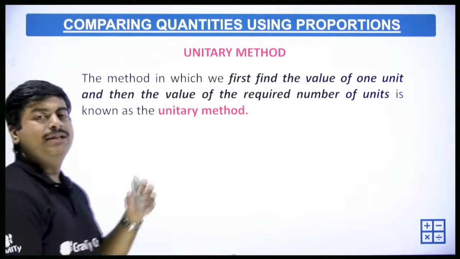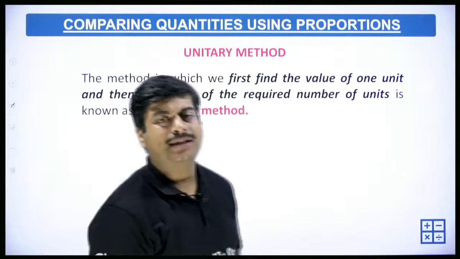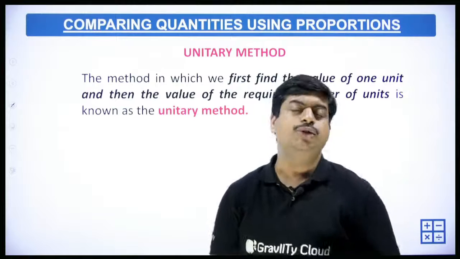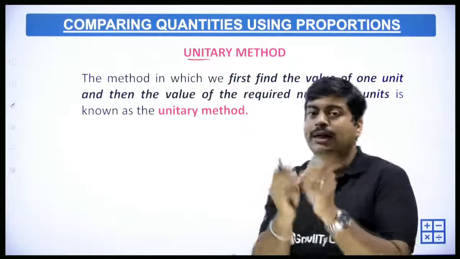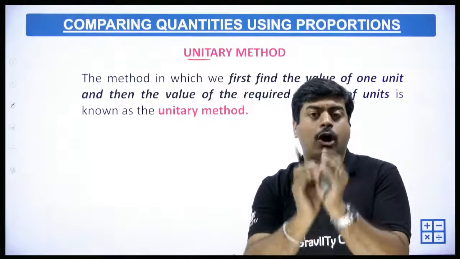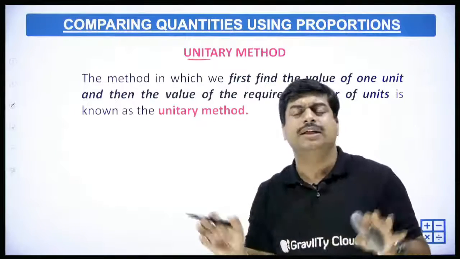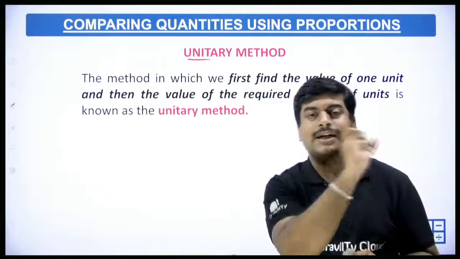Now, we had discussed this unitary method previously. Once again, let us discuss what this method is about. Unitary, the name itself says that we are discussing a unit, or the cost or price or whatever the question is for one single item.